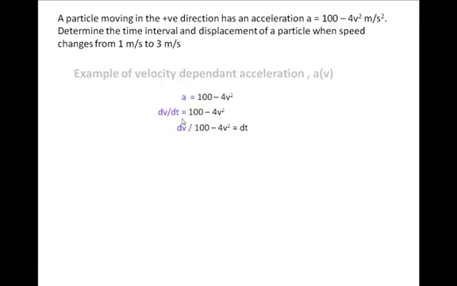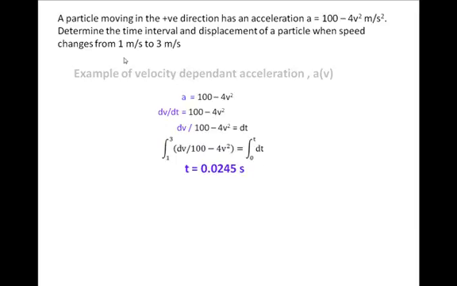That is, you bring dv and 100 minus 4v square on one side and dt on the other. And then you integrate both sides, right side from 0 to t and left side from 1 to 3, because you are interested in this range. If you do that, you will get time as 0.0245 seconds.